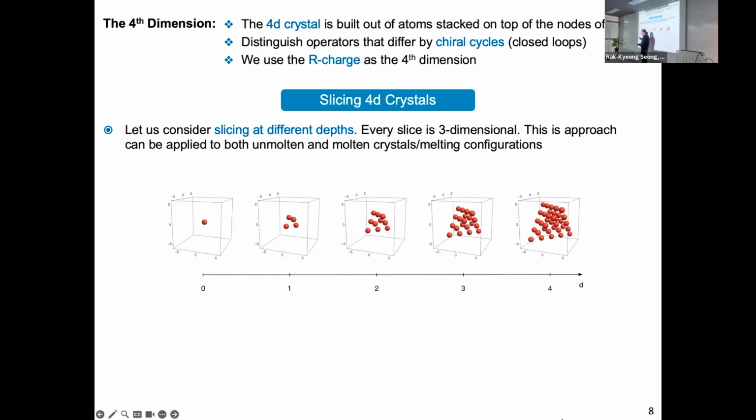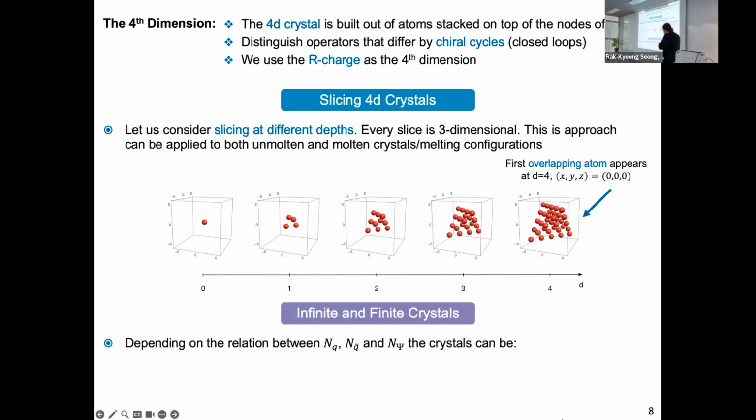You have one atom at the tip, then you have 4 atoms, and I'm not drawing all the arrows in the periodic quiver, then you have more and more. Here I'm not using R charge, I'm just counting the number of chiral fields. The chiral cycles for the C4 theory are of order 4. So already here you have one of the atoms at 0,0, which is the first overlapping atom. If you want to explore this a little bit, that's how you would look at the crystal.